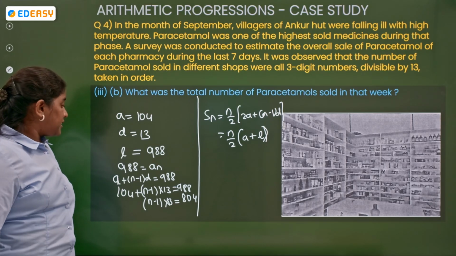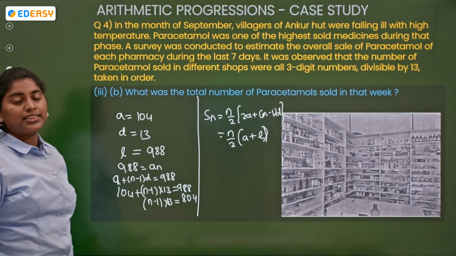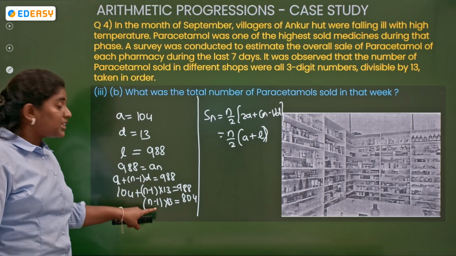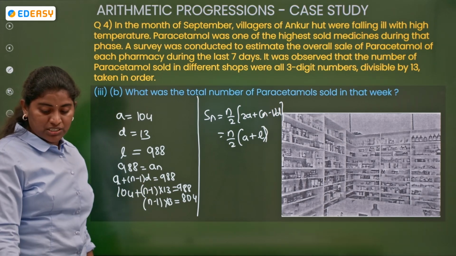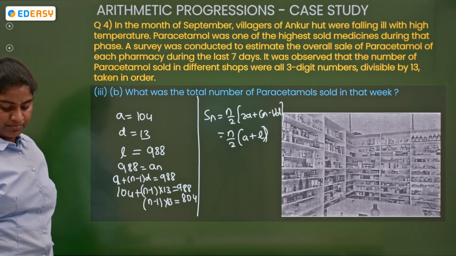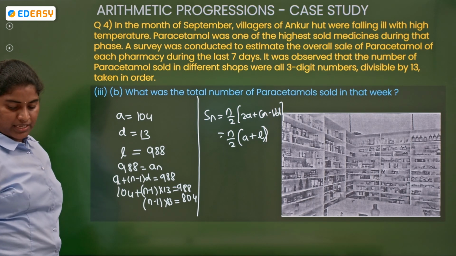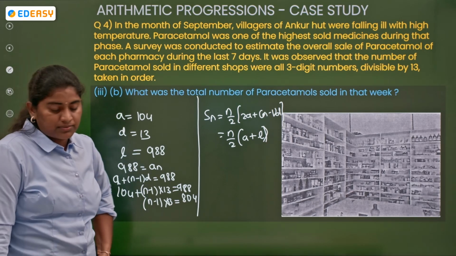Fine. Now tell me how we can solve this. Now divide your 804 with 13. So you will be getting the n value. We are almost completing the time, so just do it fast. Yes, anyone got the value or anyone having doubt?